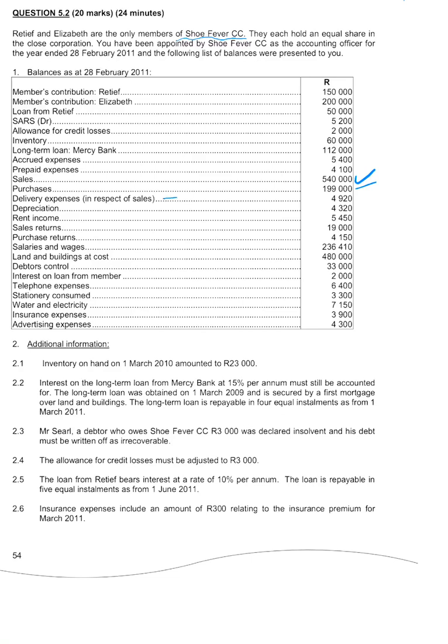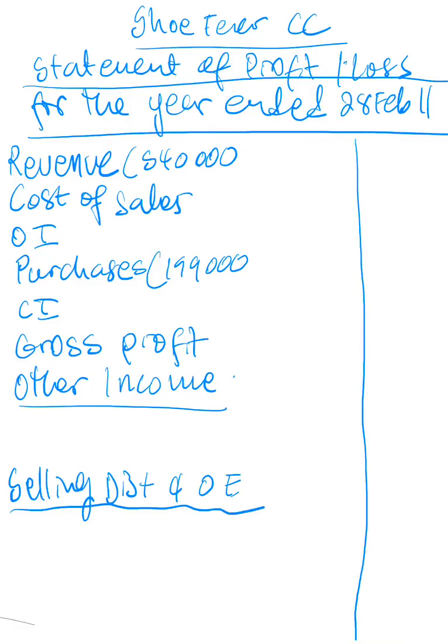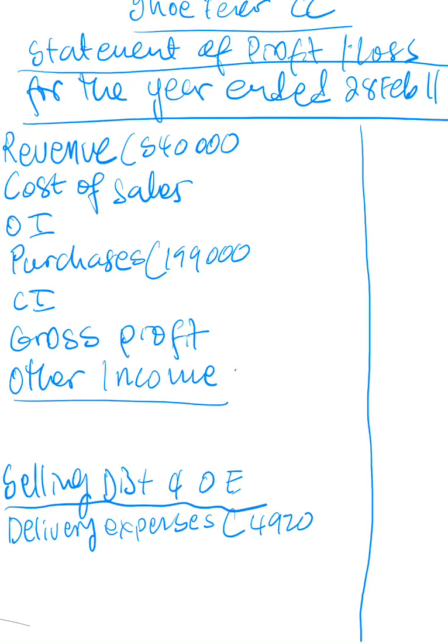These are in respect of what? Of sales. So if they're in respect of sales, those are selling and distribution expenses. How much are they? Delivery expenses on sales, it's 4920. So I'll come and say these are delivery expenses. Open brackets 4920. I'll close off my bracket when I now know that everything is covered.